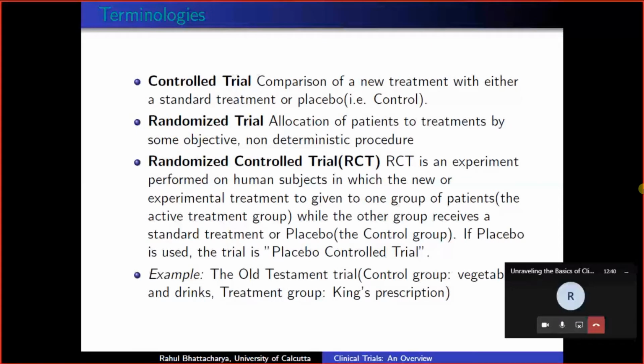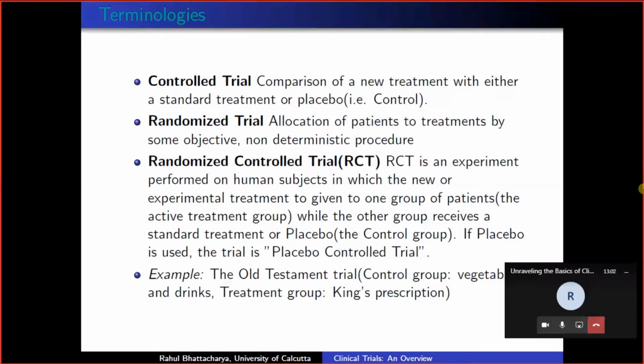Next is the most important, the randomized controlled trial or RCT. If you recall the Nobel laureate Abhijit Banerjee's work, it was some economic RCT, that is, RCT conducted for economic purposes.